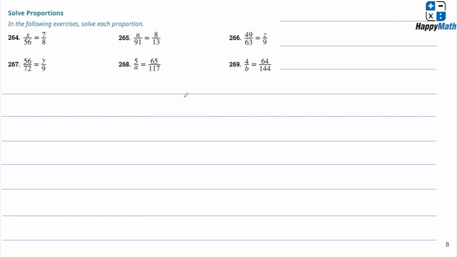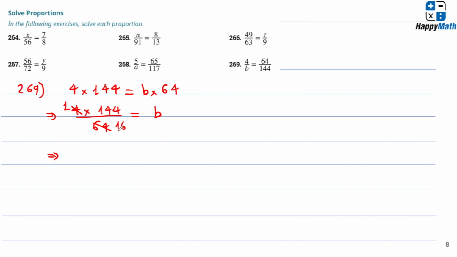The next question is 269. 4 will multiply 144, and b will multiply 64. So 4 times 144 divided by 64 equal to b. Simplify 4 and 64, you get here 1, here 16.